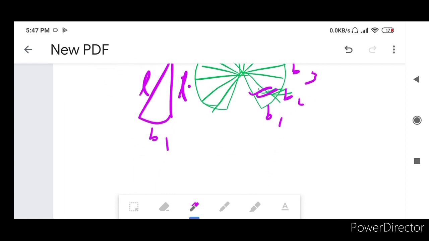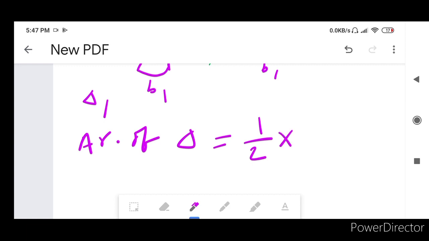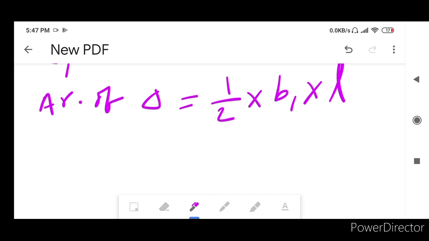Now what is the area of this triangle 1? Area of a triangle is equal to half into base of the triangle, that is B1 into L, right? You have already studied this in the previous triangle chapter.